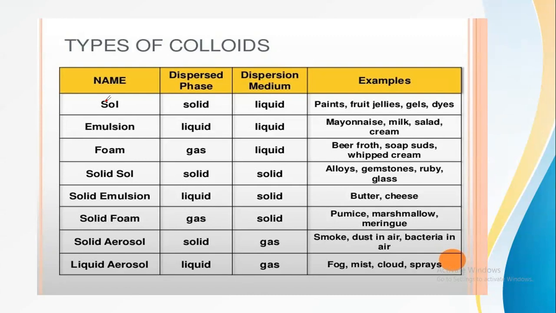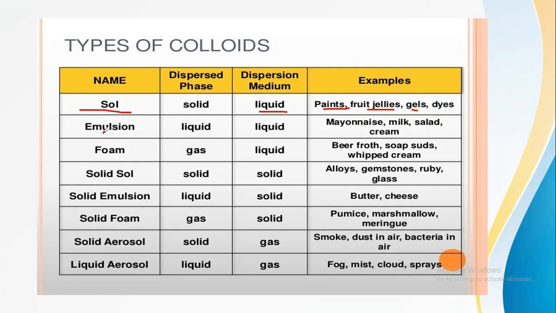The amount of dispersion medium is always greater than the dispersed phase. Examples of this type of sol are paints, fruit jellies, gels, and dyes.